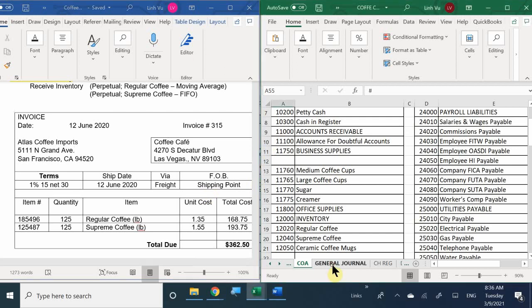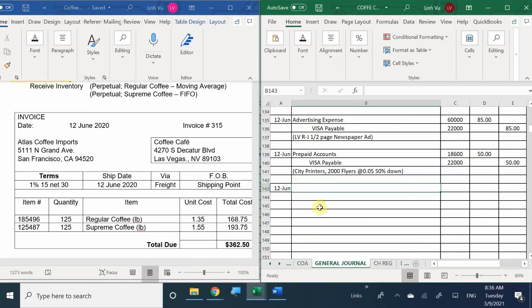Okay, so here I'm going to place it directly into my inventory, which in this case is specified that I have regular coffee for 12,020, and I have supreme coffee for 12,040. Okay, now how much is each coffee, and at what grand total am I going to be subject to pay?